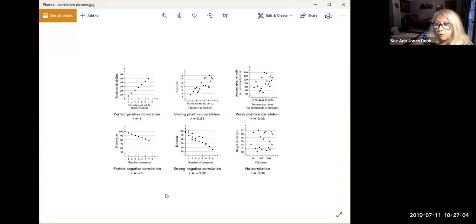And if you calculated the linear correlation coefficient for those points, you would actually find that it equals 0.81. So it's close to +1. We call that a strong positive correlation. In this one, there seems to be a hint of an upward movement, but it's weak. And in fact, if you calculated the correlation coefficient for these points, you would find that it would be equal to 0.45. You see how this is getting closer to that center point of 0?